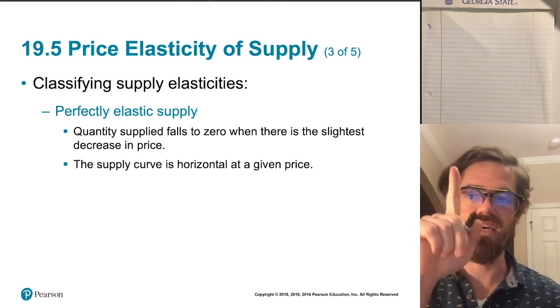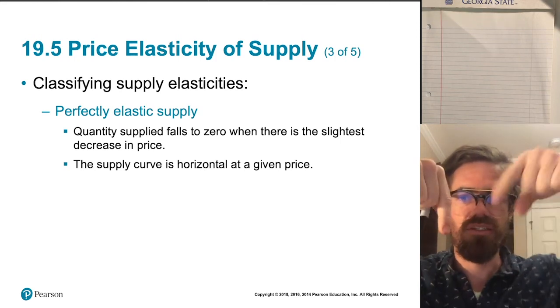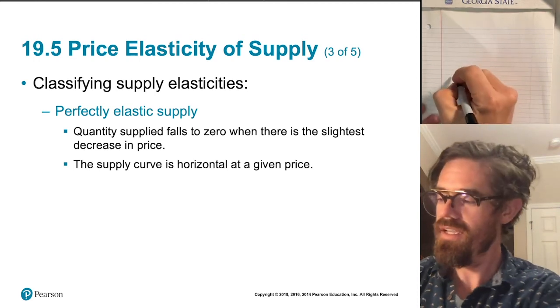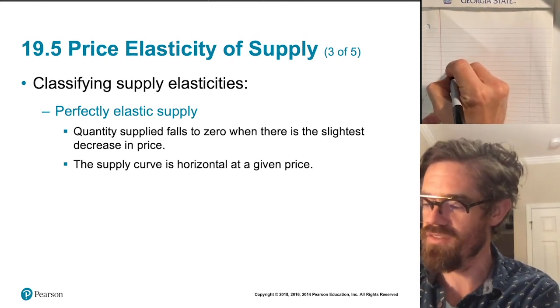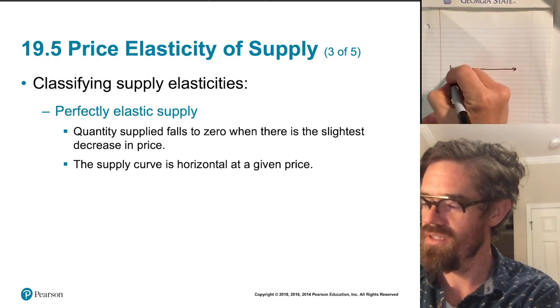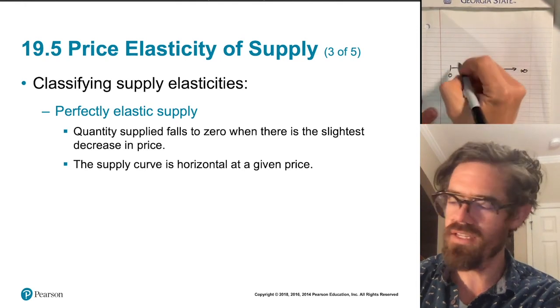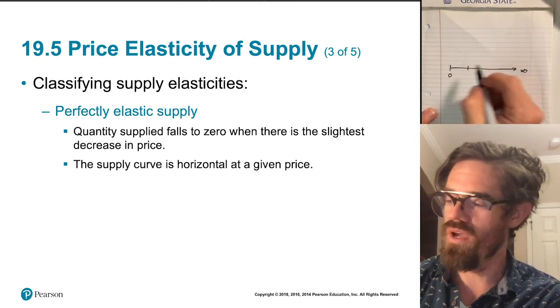As price goes up, quantity supplied goes up, and as price goes down, quantity supplied goes down. So this one will always be positive, and just like price elasticity of demand, it can take on a value from 0 to infinity, and we can classify the regions the same way, right?